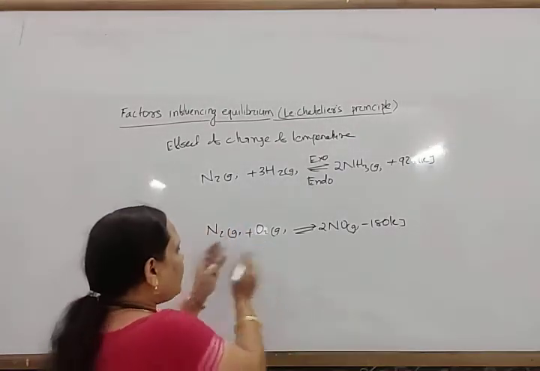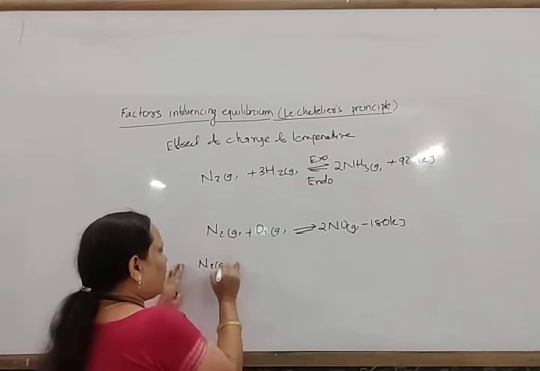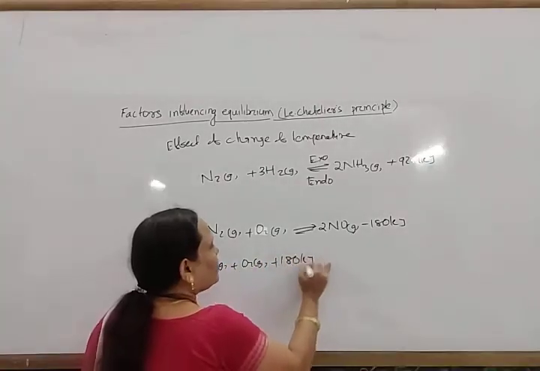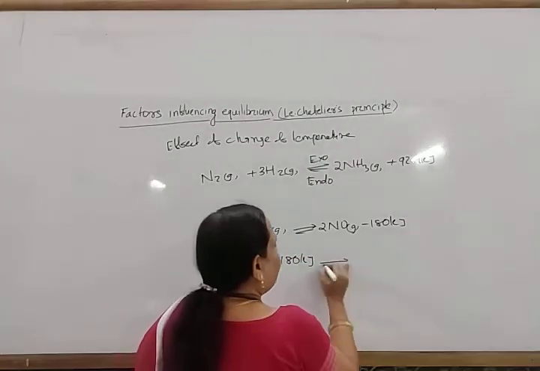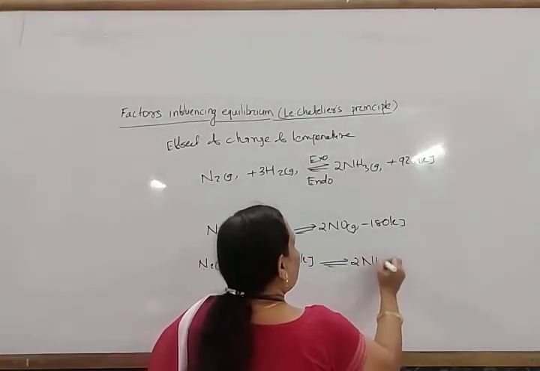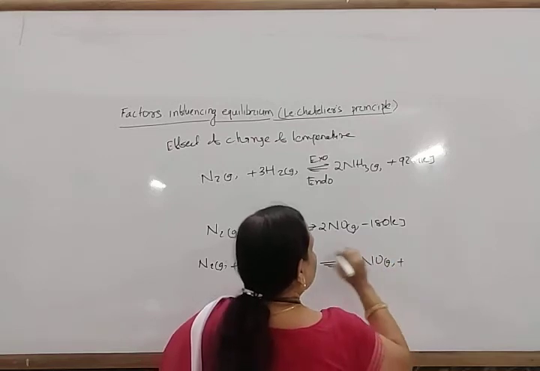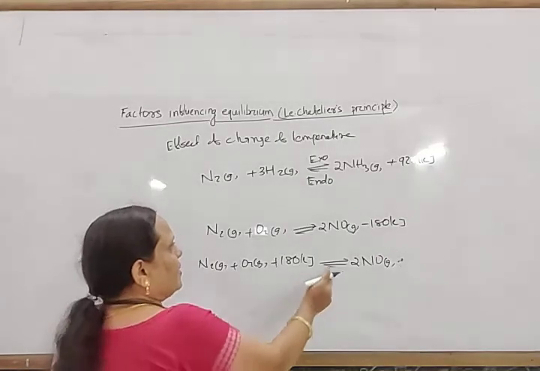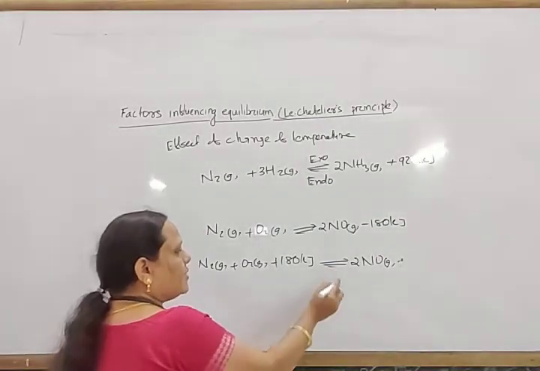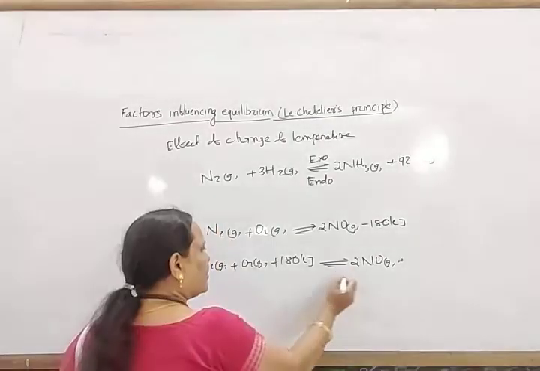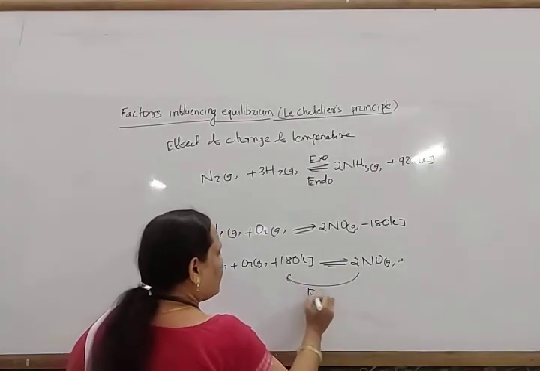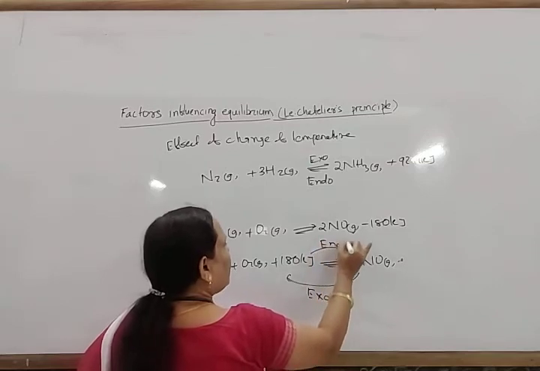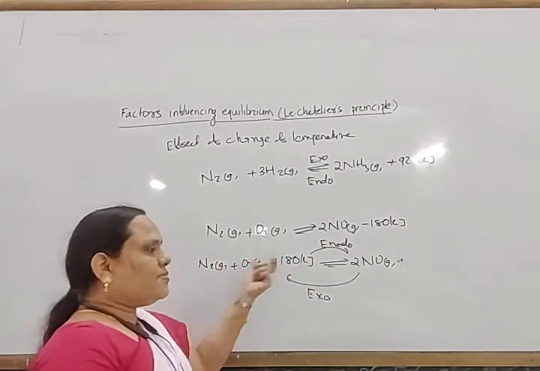It absorbs 180 kilojoule of heat along with N2 gas and O2 gas, and gives 2NO gas. So in this direction it is endothermic, because it absorbs heat, and in the reverse direction it is exothermic.